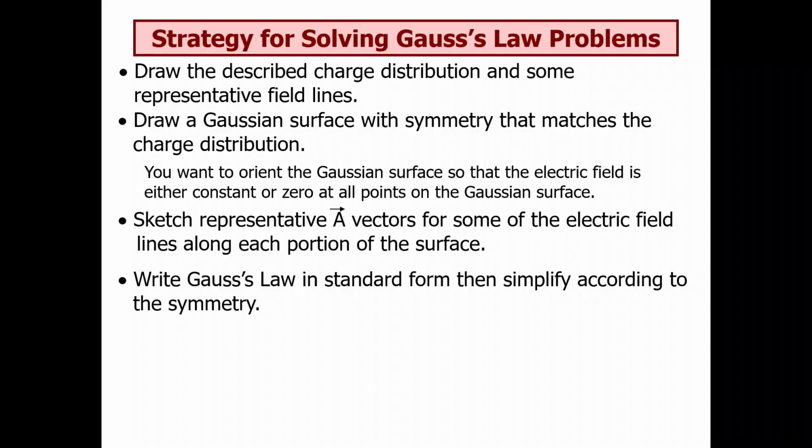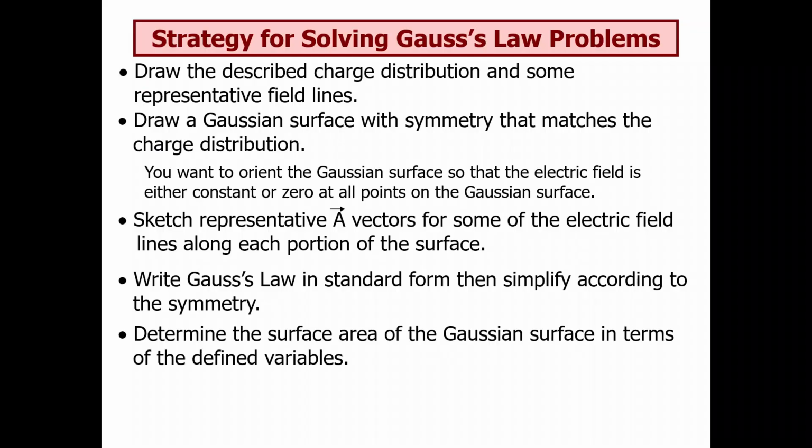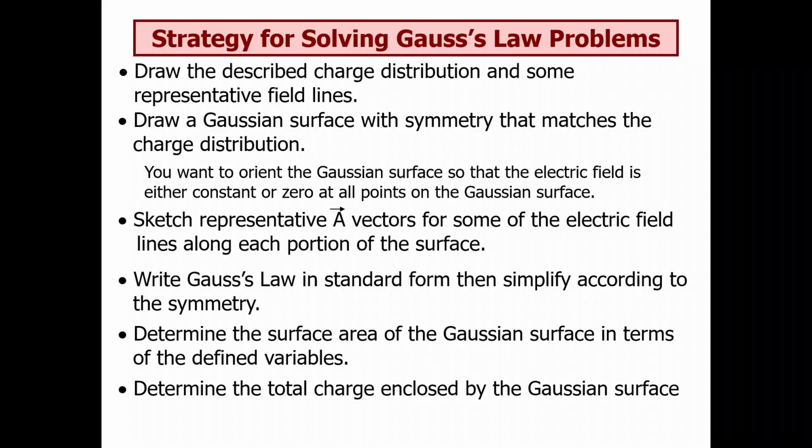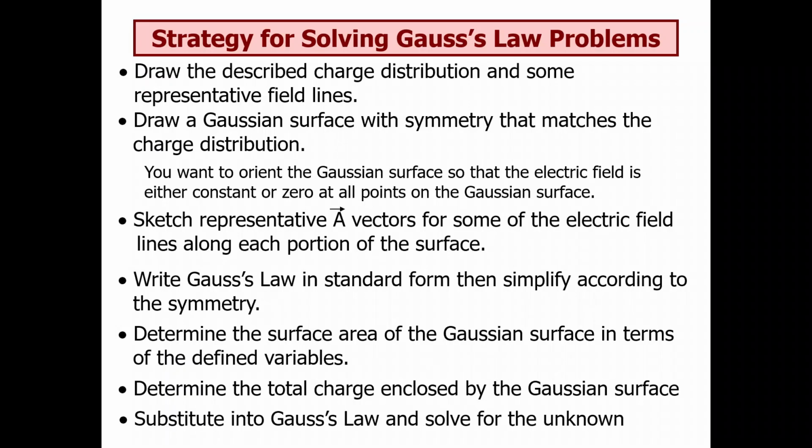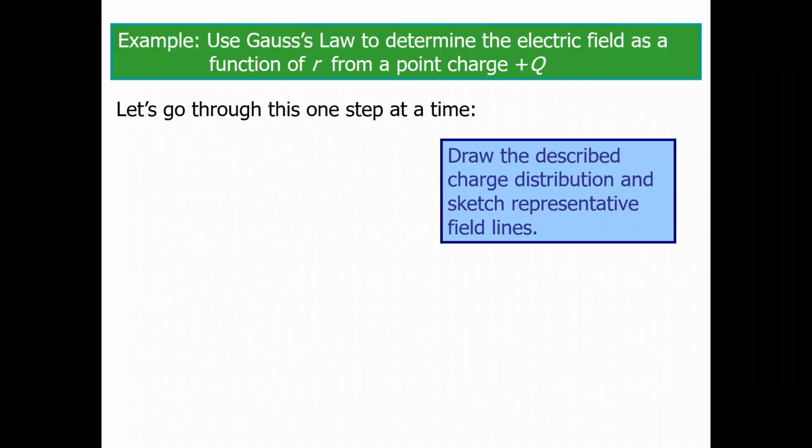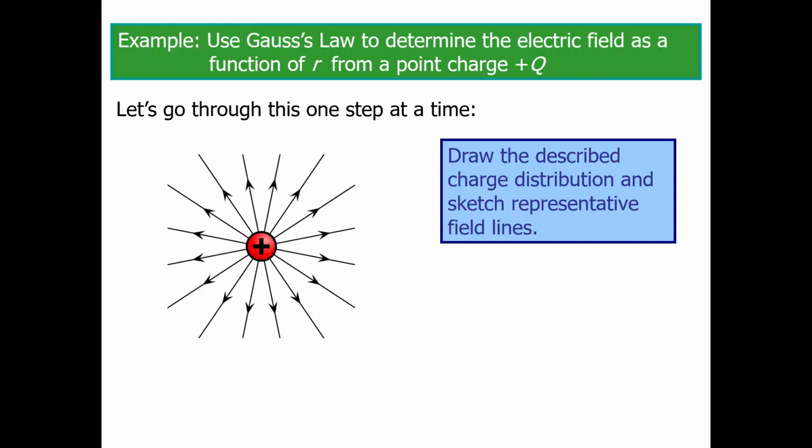We write Gauss's law, and then we simplify with the symmetry. Then we determine the surface area of the Gaussian surface. That's the A in the EA. Then we determine the total charge enclosed. And once we do that, we solve for whatever it is that we're looking for. So we're going to do this for a point charge, because we actually already know the electric field of a point charge.